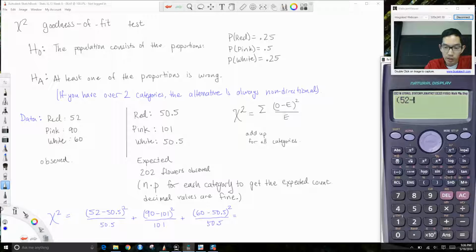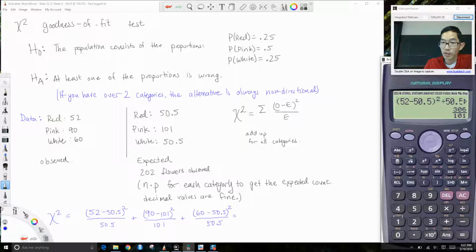So this is just mashing the calculator. Okay, 52 minus 50.5 squared divided by 50.5, plus 90 minus 101 squared divided by 101, plus 60 minus 50.5 squared divided by 50.5.